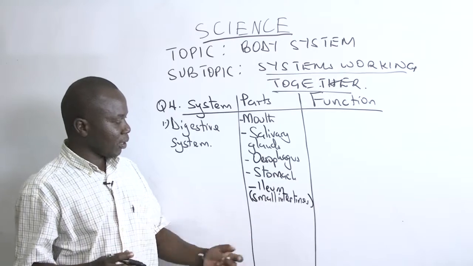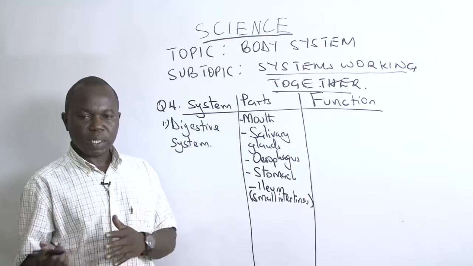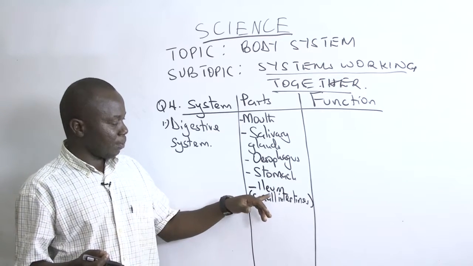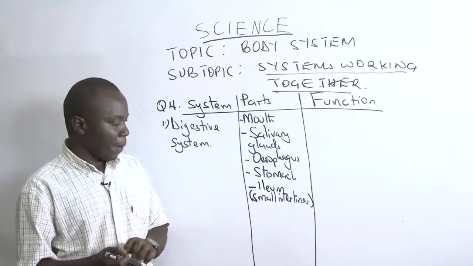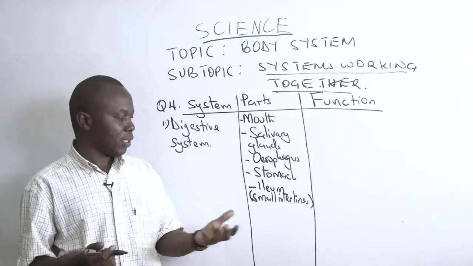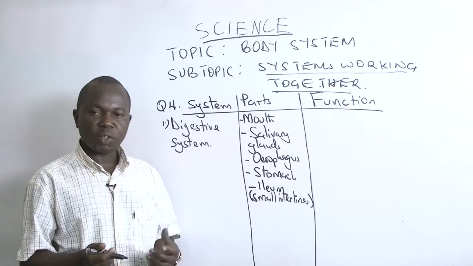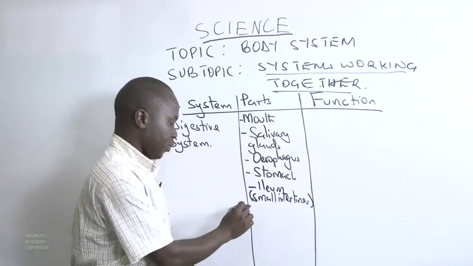In the small intestines, we have two parts, the duodenum and the other part, which we are calling the ileum. But majorly in small intestines, we have two processes taking place: completion of digestion, and also absorption of digested food.